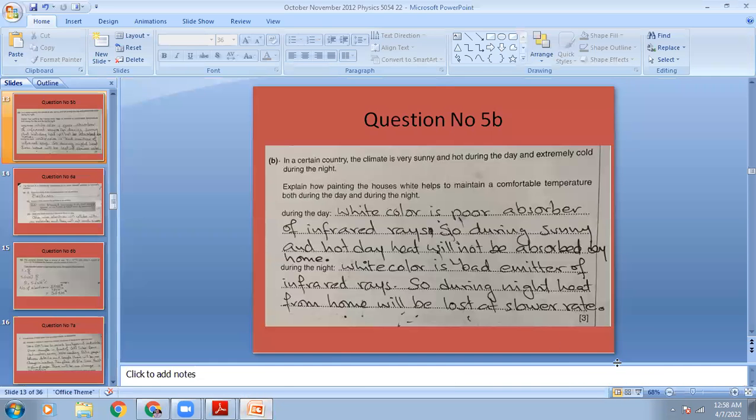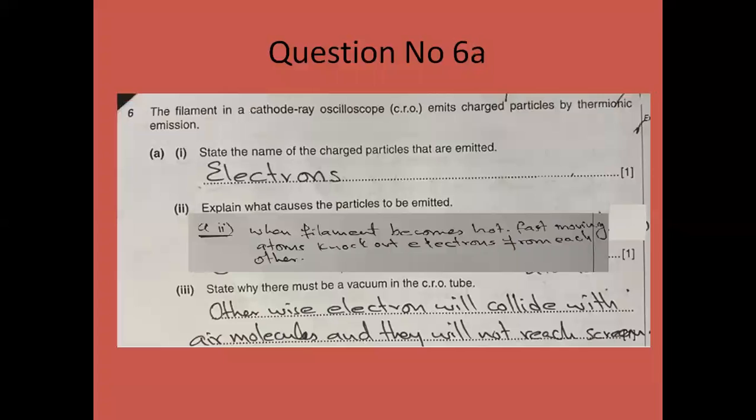Let me show you my answer. State the name of the charged particle that is emitted: that's electron. Explain what causes the particles to be emitted: when the filament becomes hot, fast moving atoms knock out electrons from each other. So when they collide with each other, they knock out electrons.